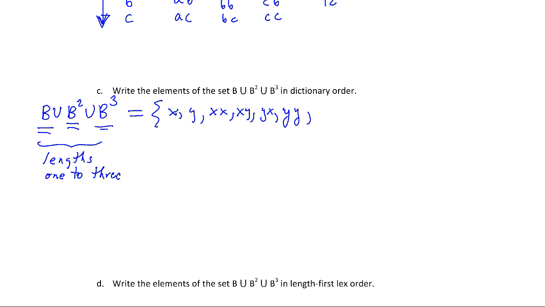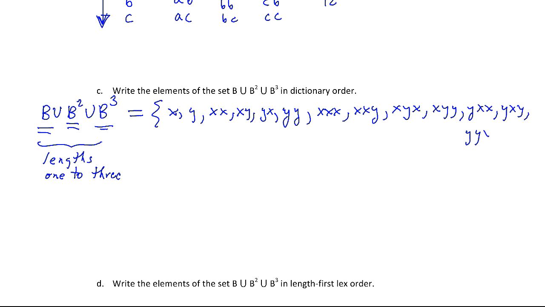It has 8 elements because B has 2 elements, and they're XXX, XXY, kind of like counting in binary, except I'm using X's and Y's instead of zeros and ones. YXX, YXY, YYX, and finally YYY. Okay, so there's the elements, and now I need to put them in dictionary order.